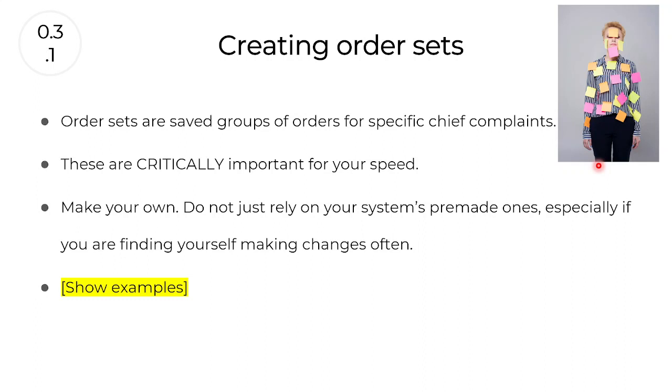So for example, it might have a troponin at 3 hours, and you're always going back in and changing it to 2 hours. Well, that takes a lot of time. And it is best to actually just save your own with your follow-up troponin time the way you would like it to, and have it pre-made and preset for all your chest pain patients. We can go through some examples of this as well.